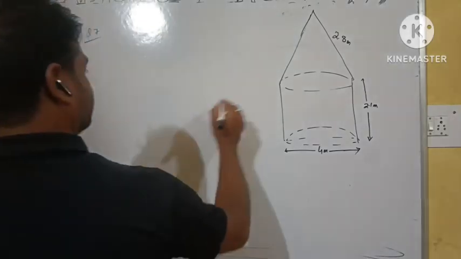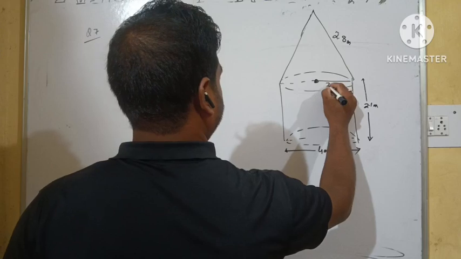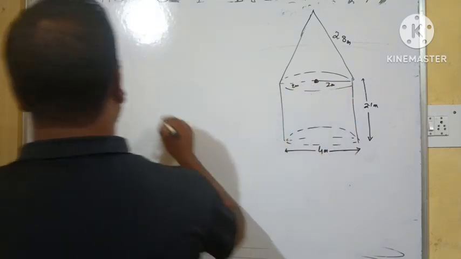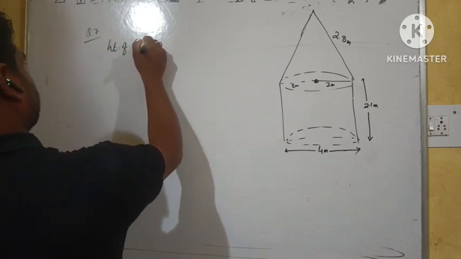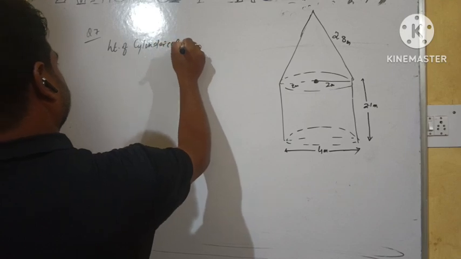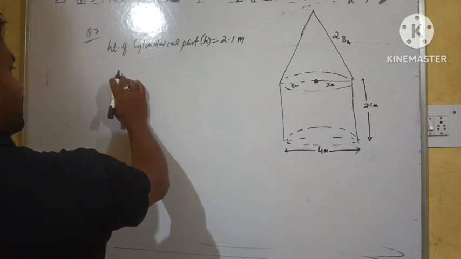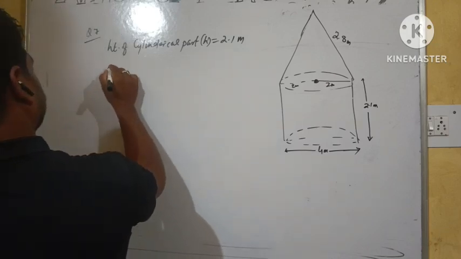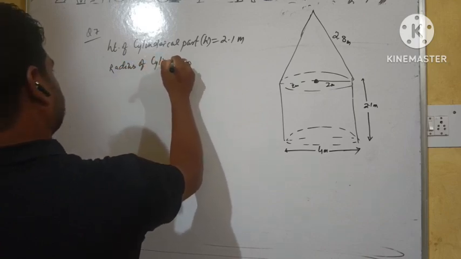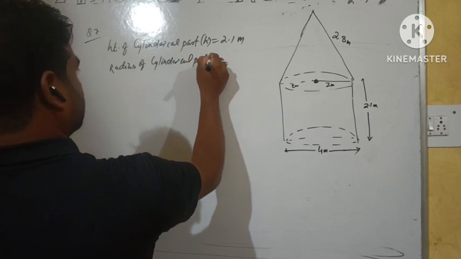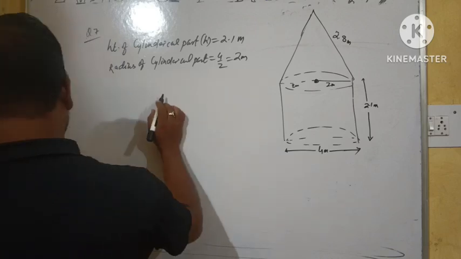What is given, write down. The height of the cylindrical part is 2.1 meter. The radius of the cylindrical part is 4 by 2, so the radius is 2 meter.